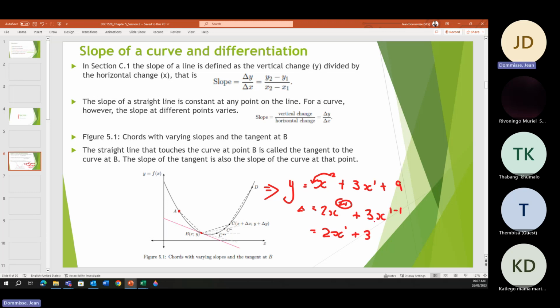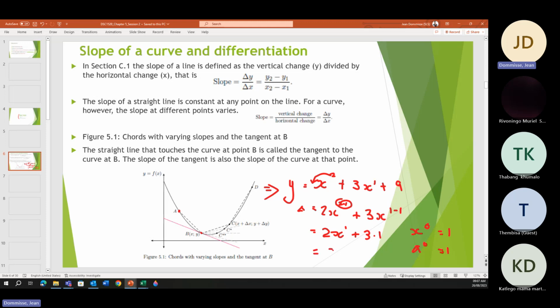Remember from the work you did nearly in the first chapter, x to the power of 0 is equal to 1. So anything to the power of 0 is equal to 1. So basically we're sitting here with 3 times 1.